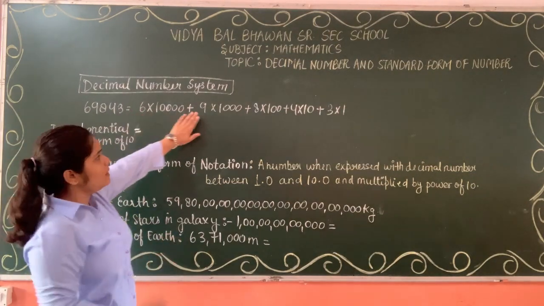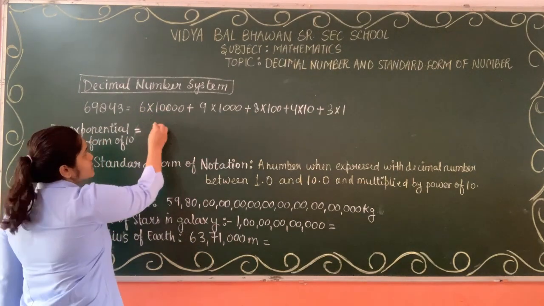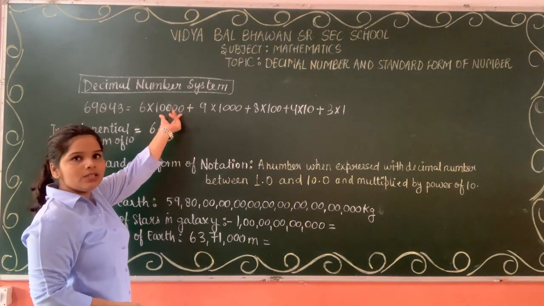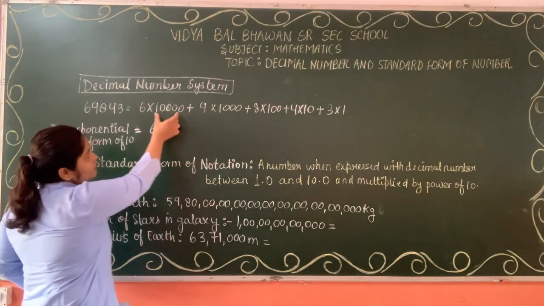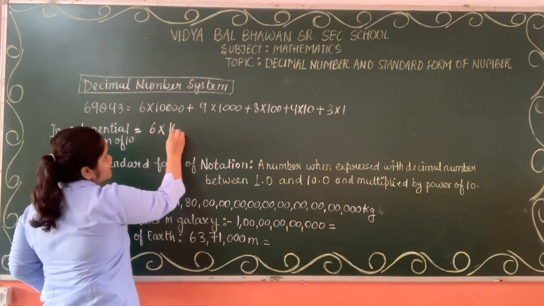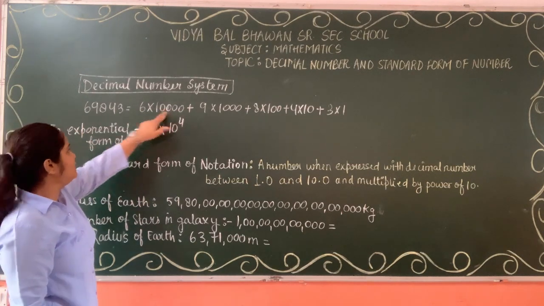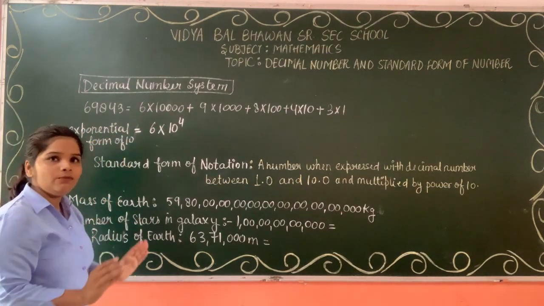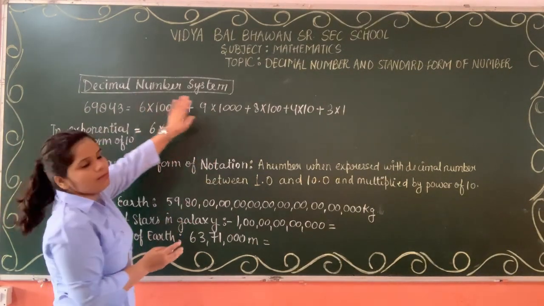We are expanding the number this way earlier. Now it will become 6 multiplied by, now we are not writing this 10,000 as we used to do. We will write this 10,000 as 10 raised to the power 4, or we will represent this 10,000 in exponential form of 10. That's it we have to do in the expansion of number or in decimal number system.